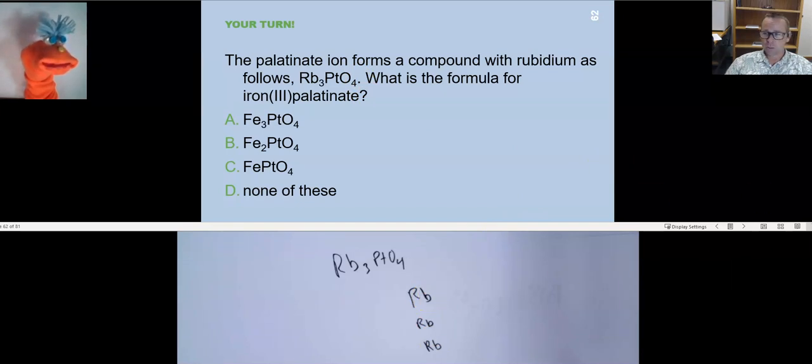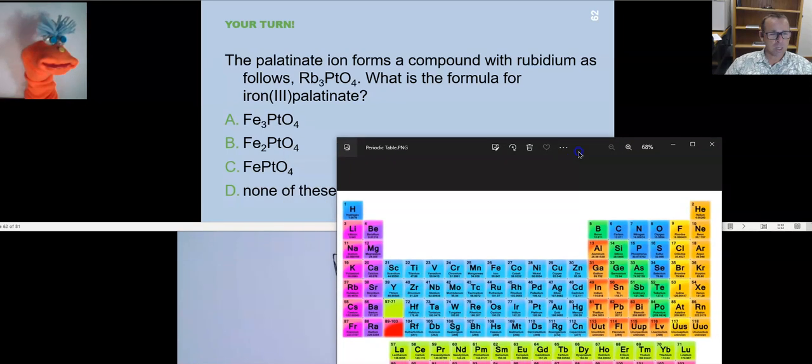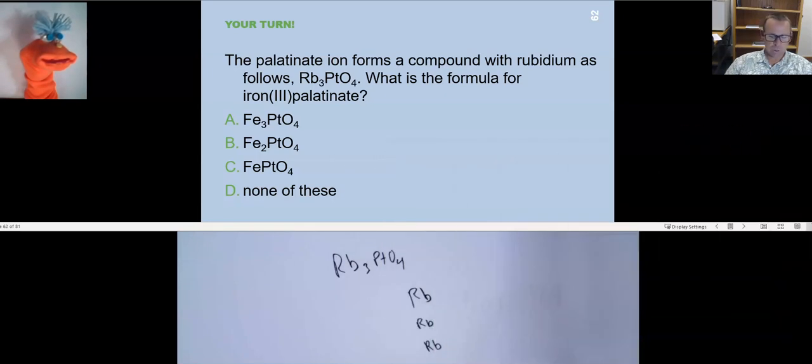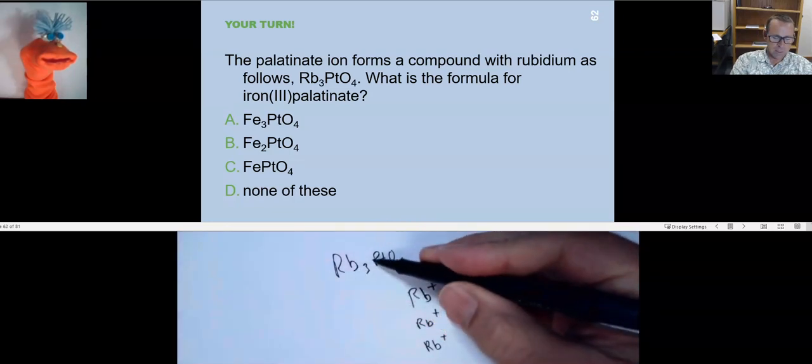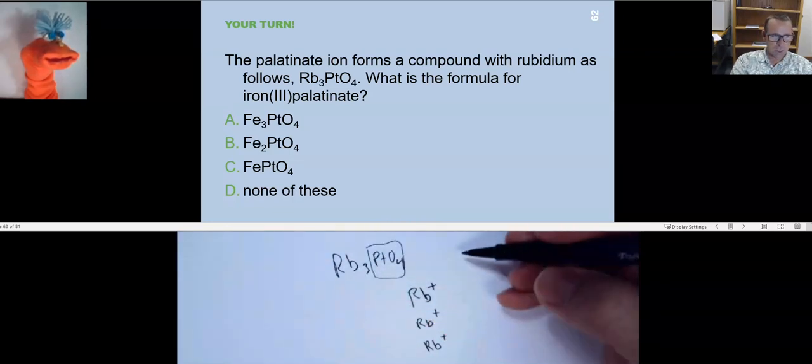How? See, if I bring in our periodic table here and see rubidium, where is rubidium? There's rubidium. And we see that rubidium has to have what kind of a charge? Oh, it's a +1 because it's a representative element. Very good. Representative element, so it has to have a +1 charge. So that tells me that if I have 3, that this platinate has to have what kind of a charge?